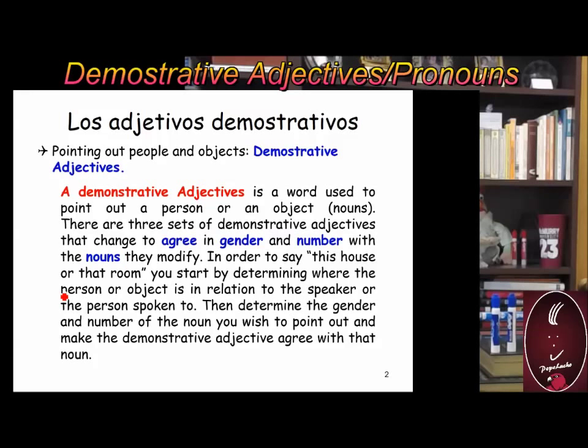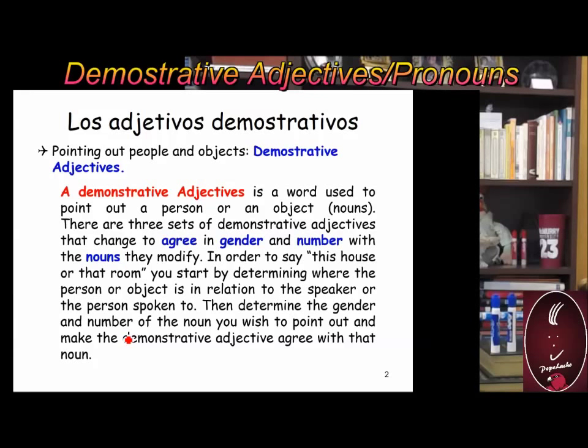And then determine the gender and number of the noun you wish to point out and make sure you agree in gender and number with the demonstrative adjective you are using.